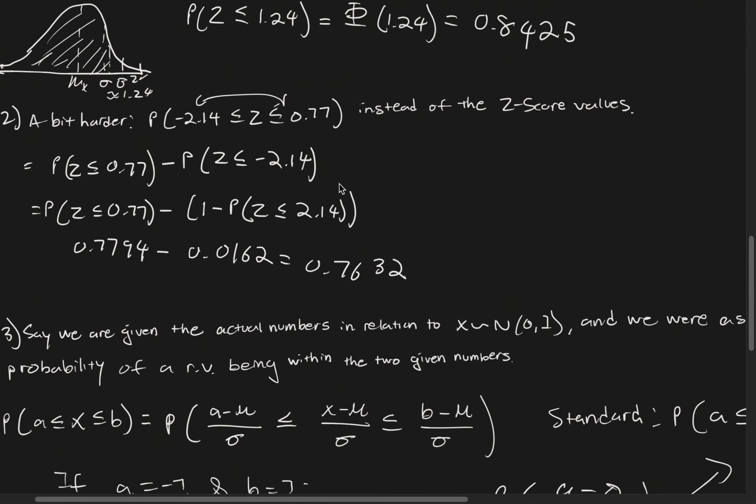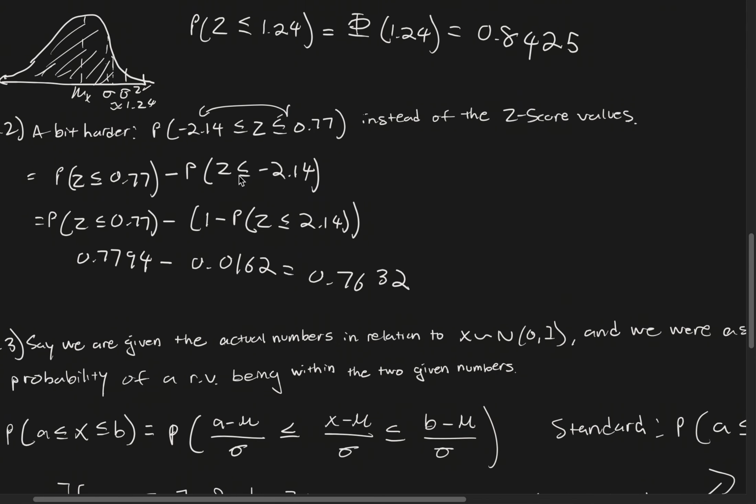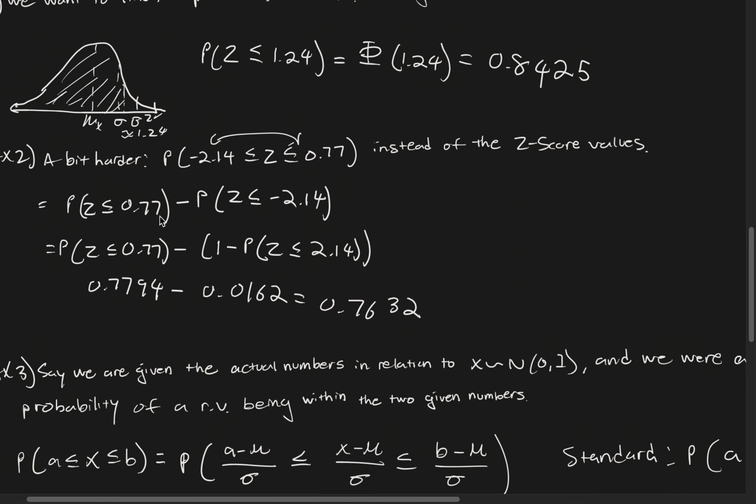Actually, I think I made a mistake over here. This is correct, this is not correct, so let me erase this. This should be greater than -2.14 because z has to be greater than -2.14. And then when we subtract from 1, we will switch the sign.